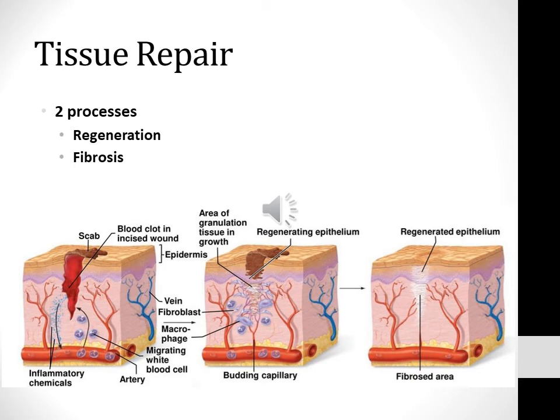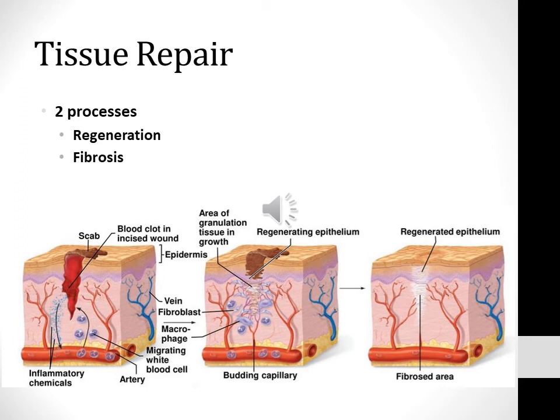And we have 2 different ways that repair occurs. Either regeneration, so we replace destroyed tissue with the same kind of tissue, or fibrosis. In fibrosis, we replace destroyed tissue with scar tissue, and scar tissue is dense connective tissue.